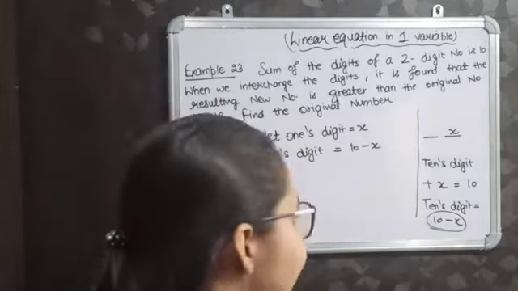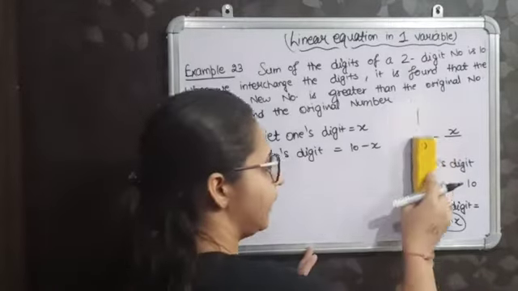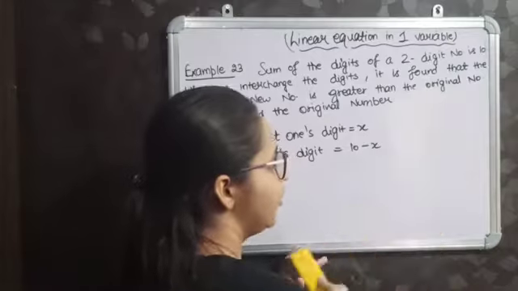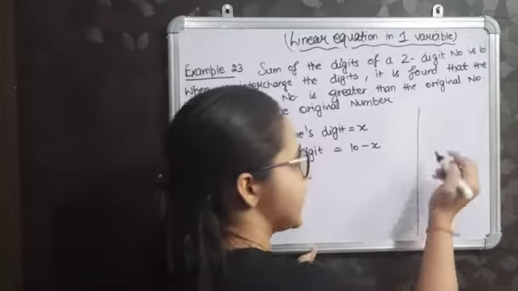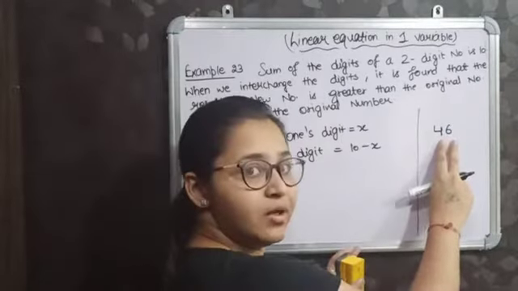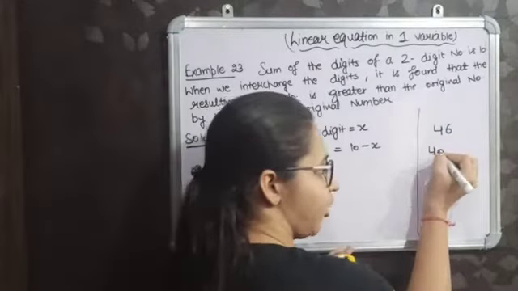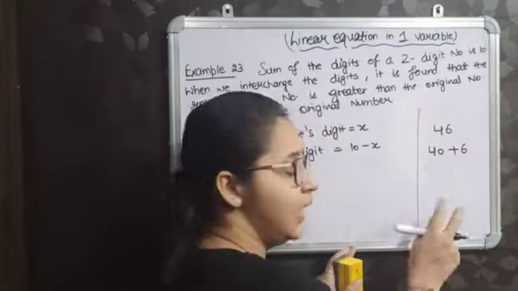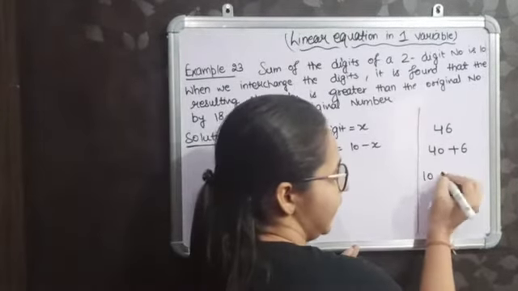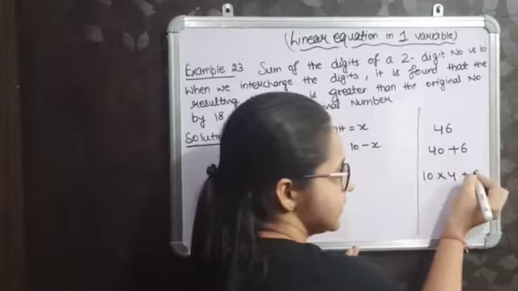Now, you know very well how to write a two-digit number in its expanded form. Take an example, 46. It is a two-digit number. You can write 46 as 40 plus 6, and 40 can be written as 10 multiplied by 4, plus 6.